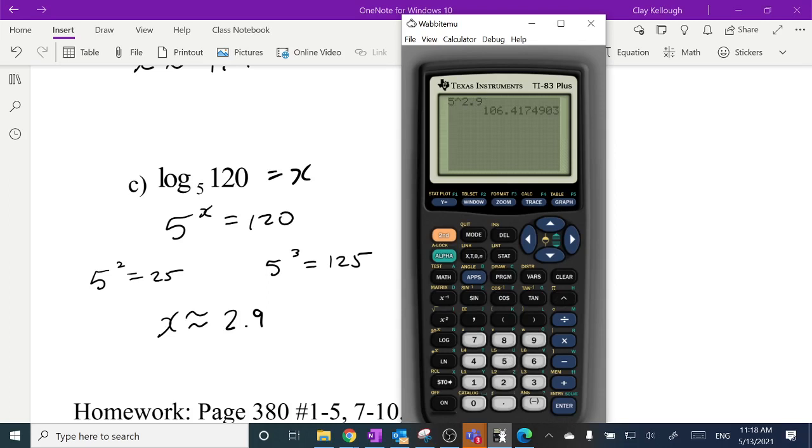I'm way off. How about 5 to the power of 2.95? Still kind of off. How about 5 to the power of 2.99? Even that's not there.